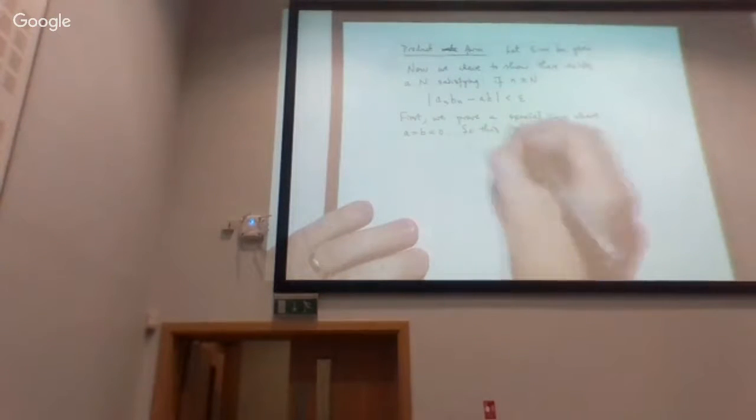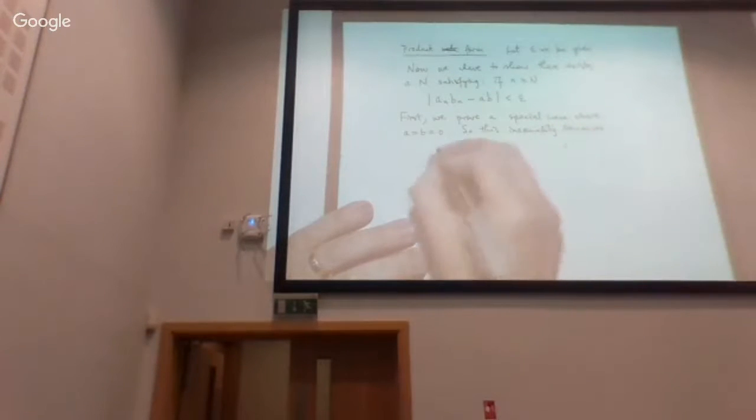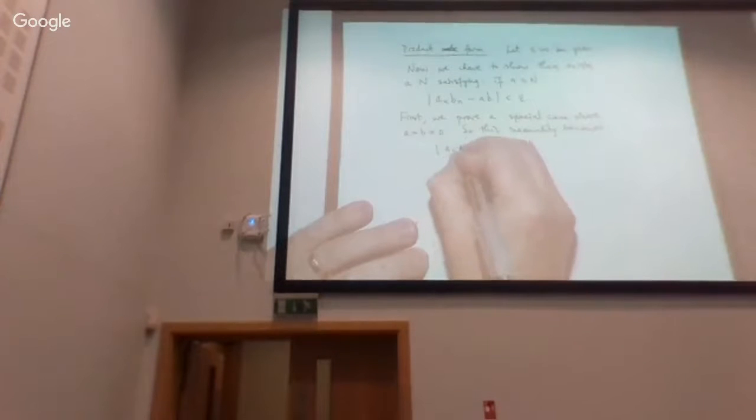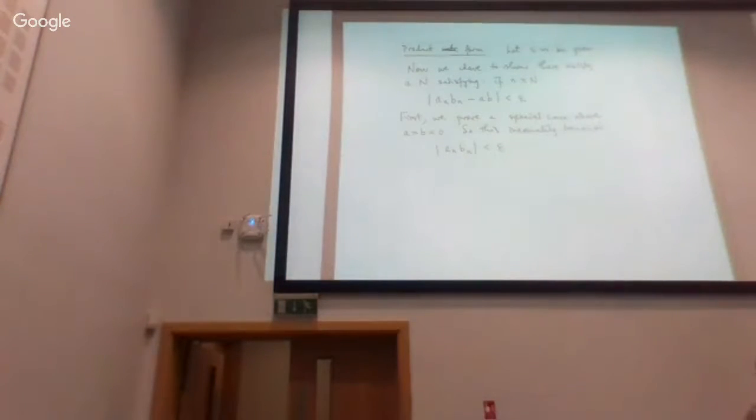So the inequality I have to show is eventually satisfied becomes the absolute value of a_n b_n strictly less than epsilon. I'll be looking at a_n b_n minus 0, so I'm just looking at the absolute value of a_n b_n.